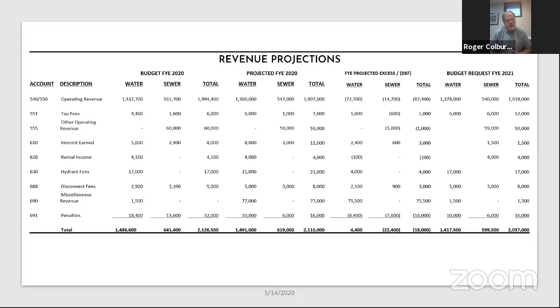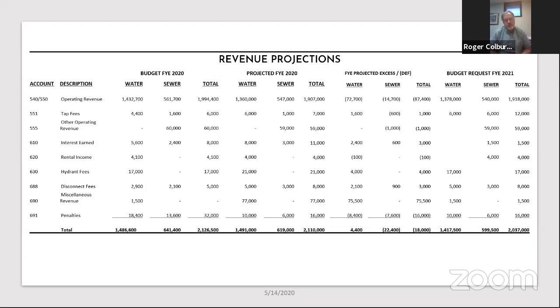So as you can see there, our projections are going to fall short of what we originally budgeted. We were running pretty good, but the last couple of billing periods we've slowed down, and I would attribute that probably to what we're seeing here with the COVID-19 virus, and I'm sure there's probably more to come.